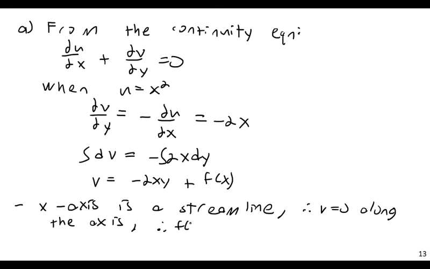Therefore, f of x, that constant, collapses to 0. So v then is equal to negative 2xy. Again, where I'm getting this is when I say the x-axis is a streamline. That means that if I release a particle anywhere along the x-axis, it's not going to go up or down in the y. It's going to happily drift along the x-axis with some variable velocity.